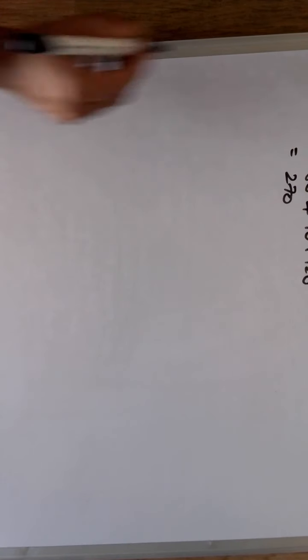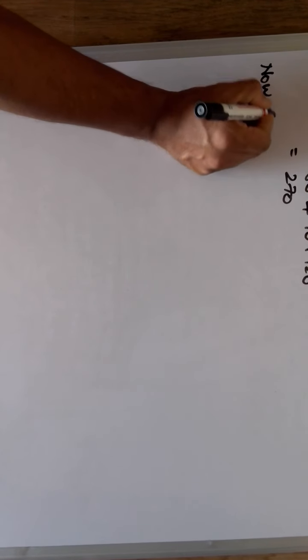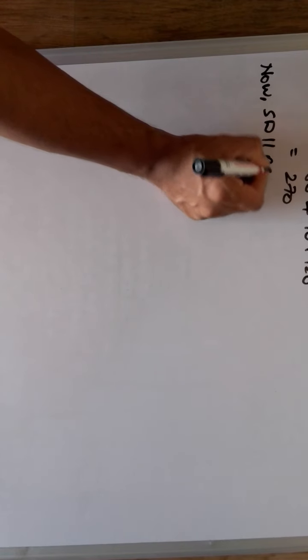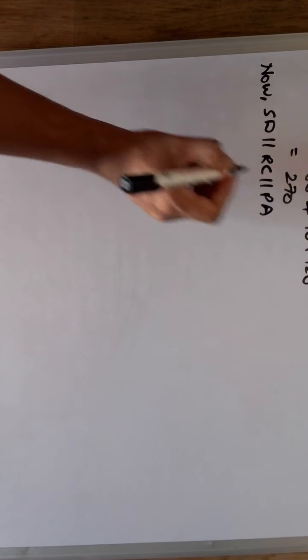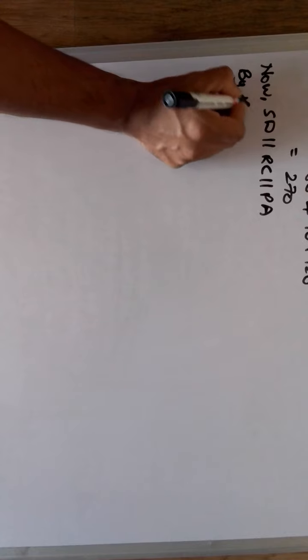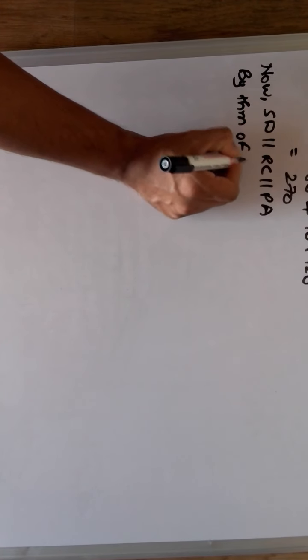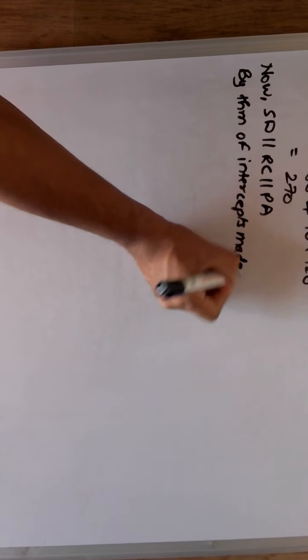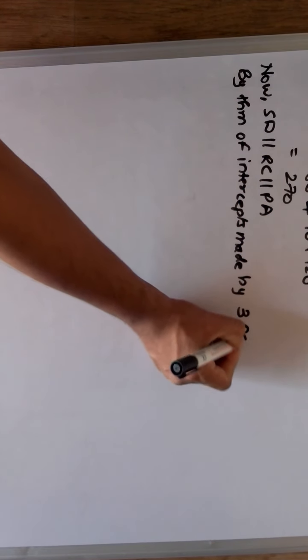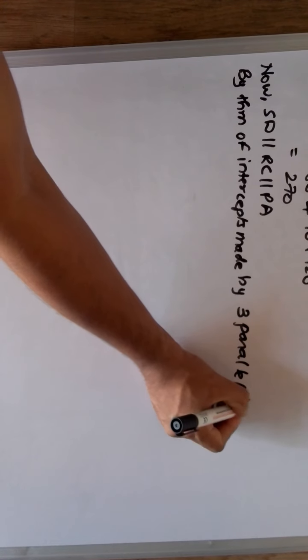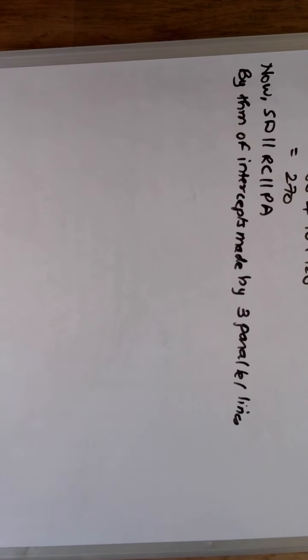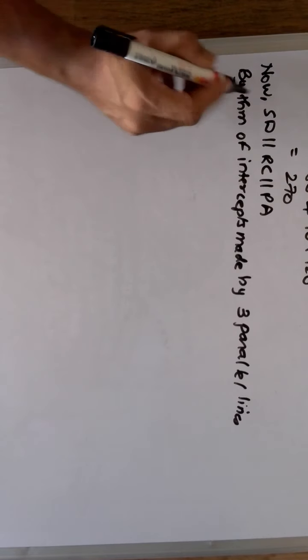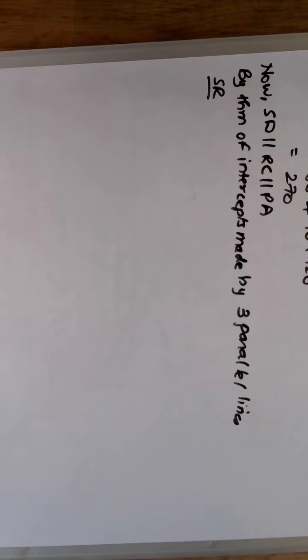Now your SD is parallel to RC is parallel to PA. So by the theorem of intercepts made by three parallel lines, SD is parallel to RC, that means the first part SR will come, the second part from R to P, right?